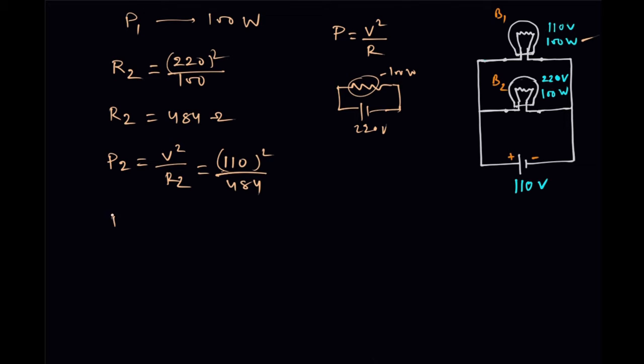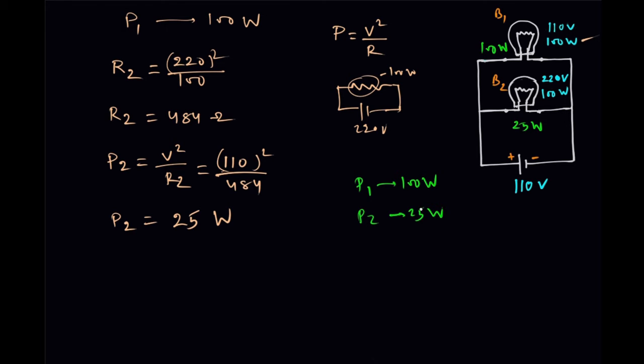So how much do we get? P2 is equal to 25 watt. Now you can see that P1 is 100 watt and P2 is 25 watt. So this bulb will consume 25 watt and this bulb will consume 100 watt, so this bulb will be brighter and this bulb will be less bright.